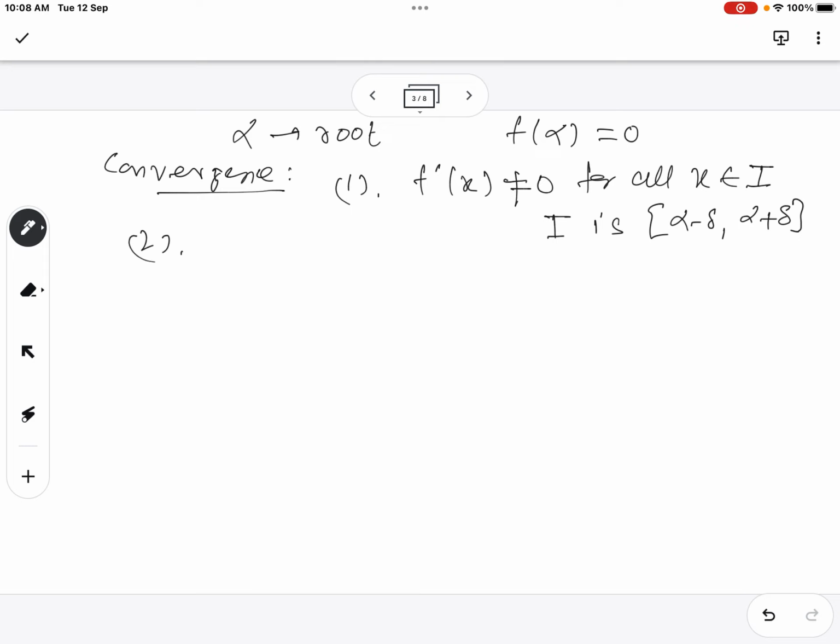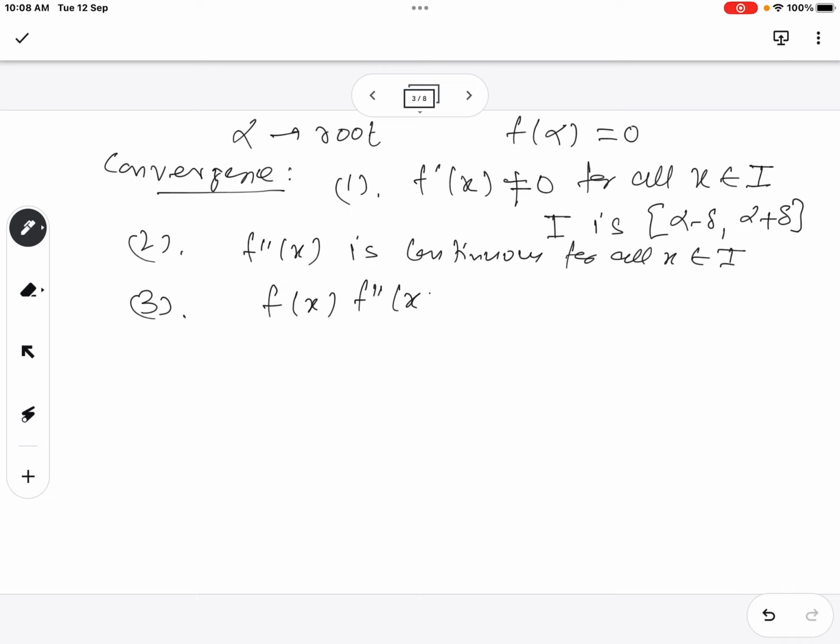Second is that the second derivative of f is continuous for all x in the given interval. And next is that the product of f and the double derivative of f should be less than the square of the first derivative of the function.